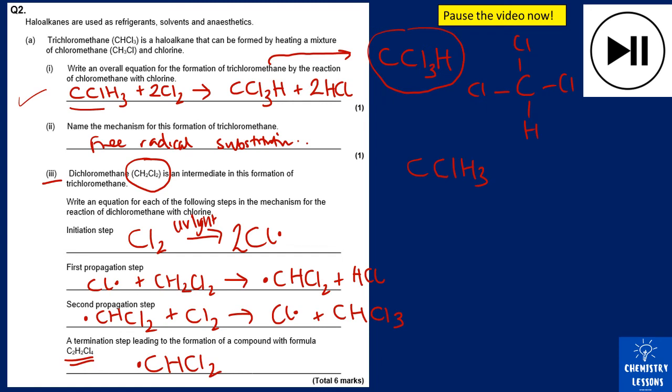It would be two of these coming together, and that would produce C2H2Cl4. There are other possibilities here as well, okay? As long as you're using up two free radicals that would exist in this mechanism and you're producing the correct product.